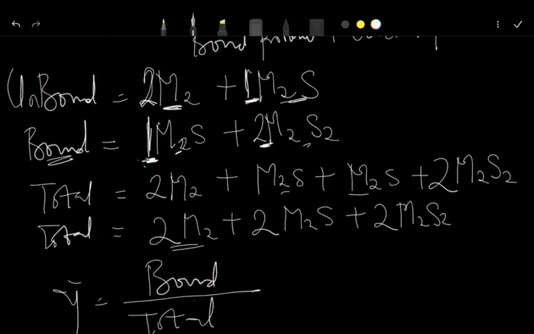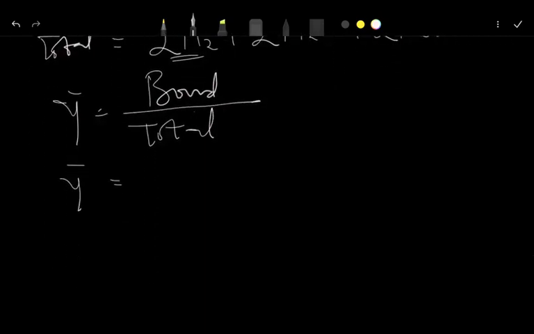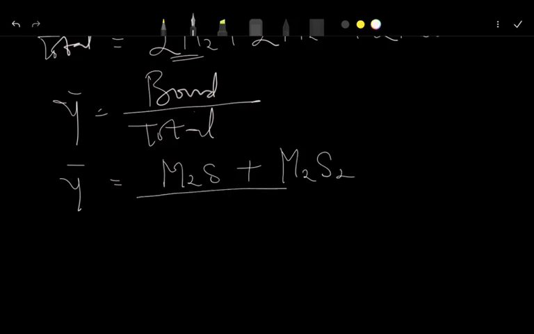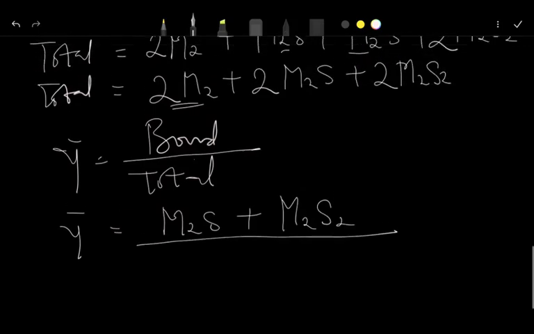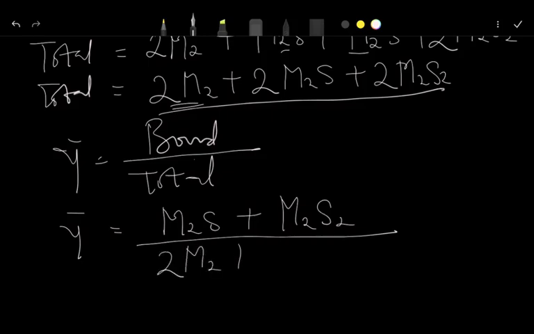This is my bound: m2s plus m2s2, all over my total, which is 2m2 plus 2m2s plus 2m2s2. Is that not so?